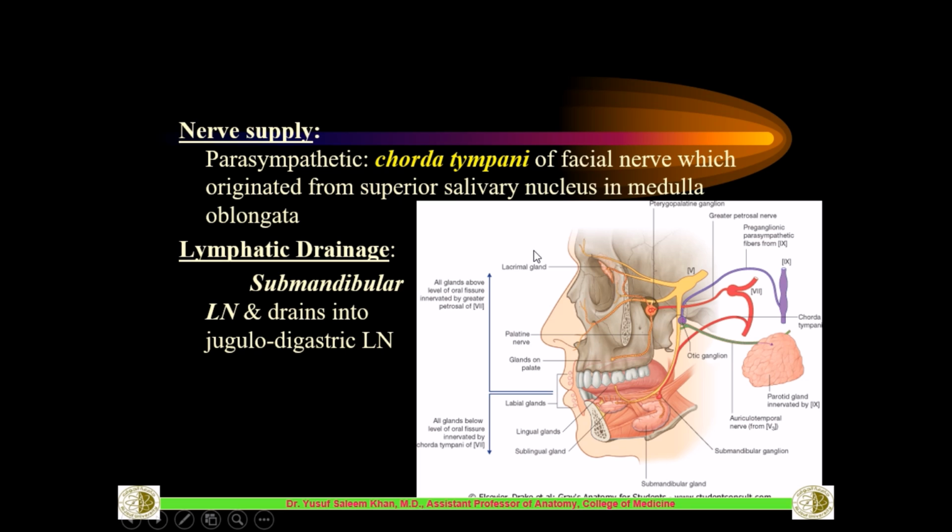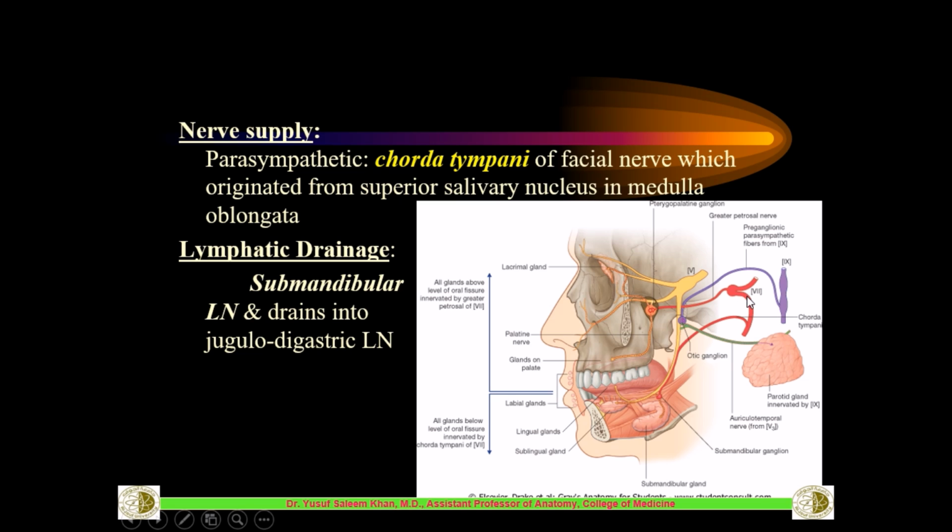Lymphatic drainage is by the submandibular group of lymph nodes and drains finally into the deep group of jugular-digastric lymph nodes. So here you can see the chorda tympani nerve.